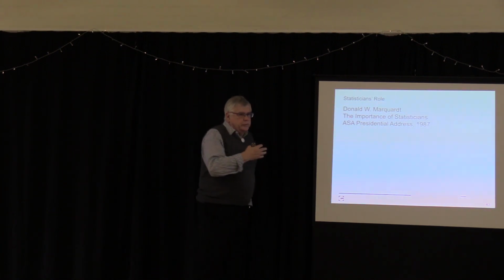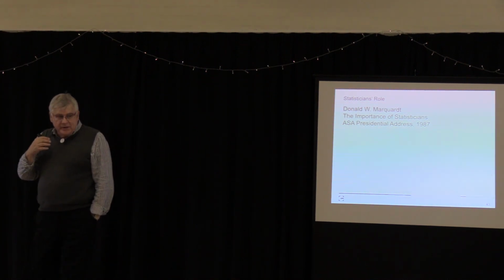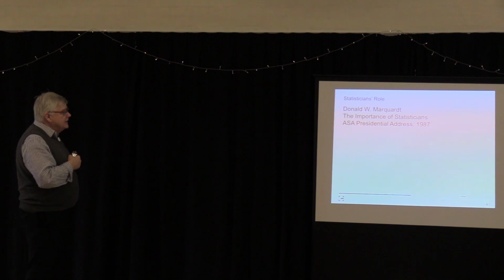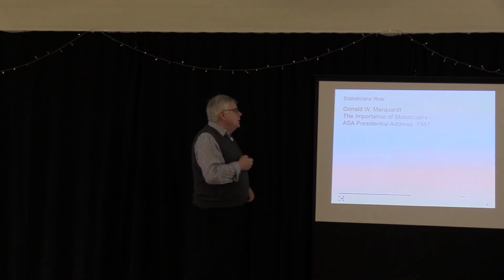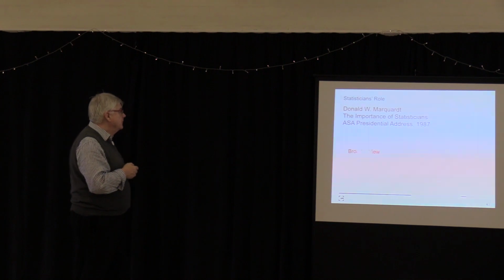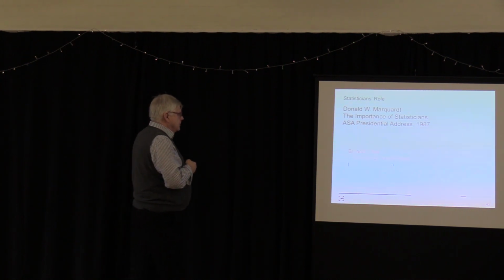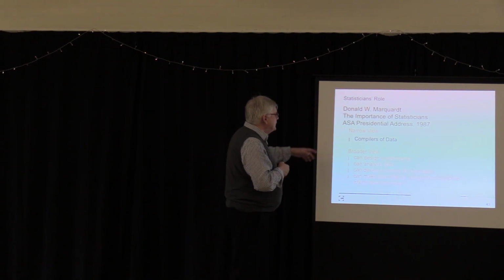Don Marquardt, who may be well known to some of you as giving his name to a method of least squares analysis, when he was president of the American Statistical Association, the title of his talk was The Importance of Statisticians. He said there were two views.